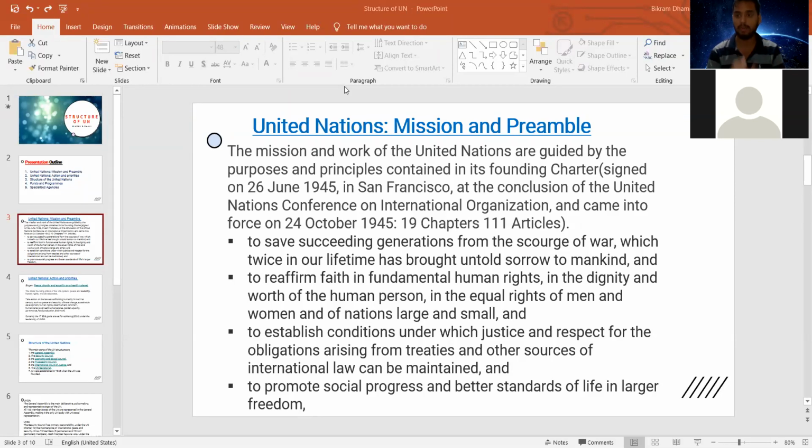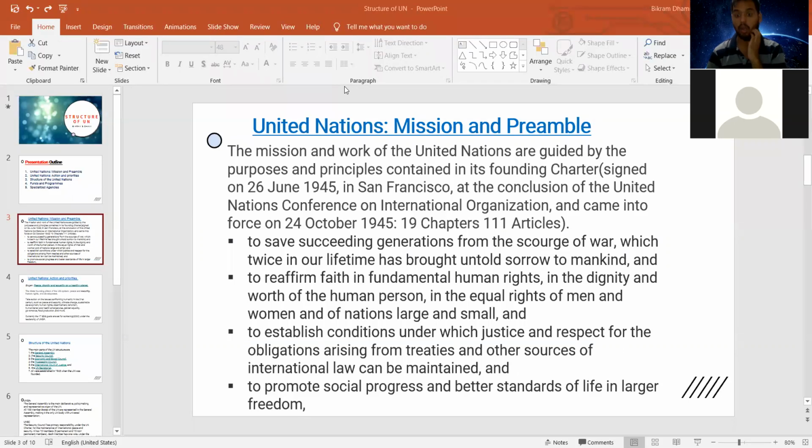So the third purpose of the establishment of the United Nations was to establish conditions that are just and respectful of the compulsory obligations arising from different treaties, treaties that are binding on the nations that are party to them.